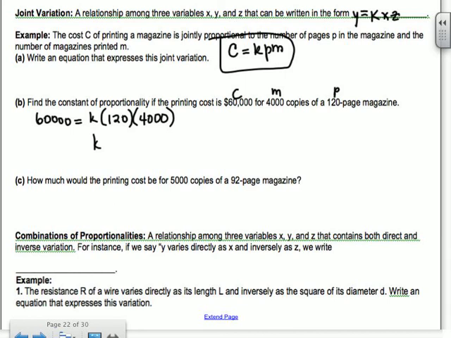So I get K times 480,000 equals 60,000. So when I divide, I get K equals 0.125. Okay, so that's the cost of printing one page. So it's like 12.5 cents.